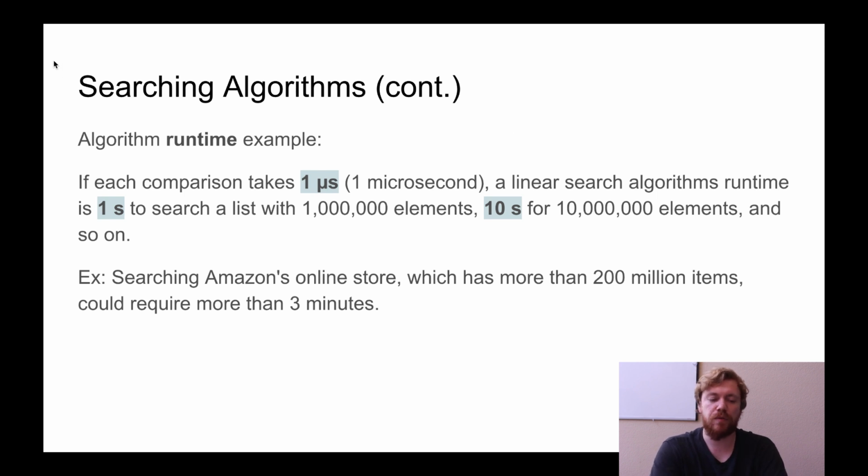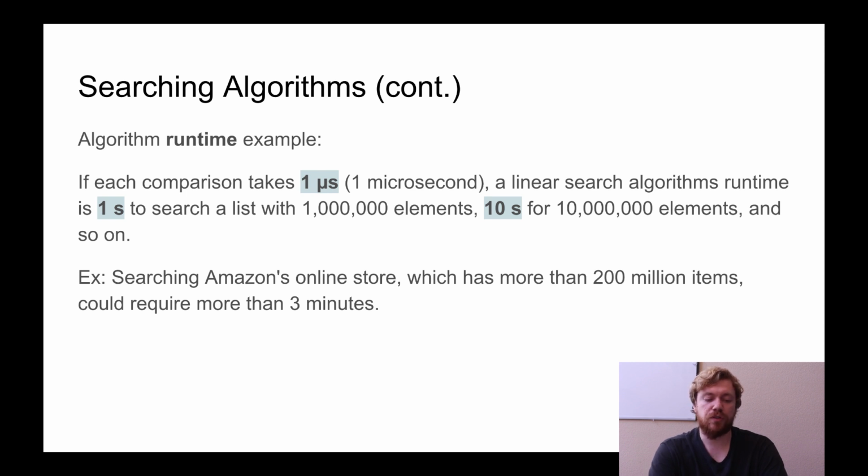So here's an example of algorithm runtime. If each comparison takes 1 microsecond, a linear search algorithm's runtime is 1 second to search a list with 1 million elements, and 10 seconds for 10 million elements, and so on.